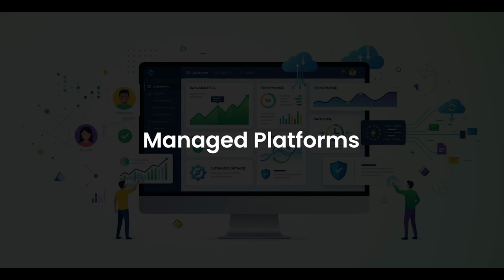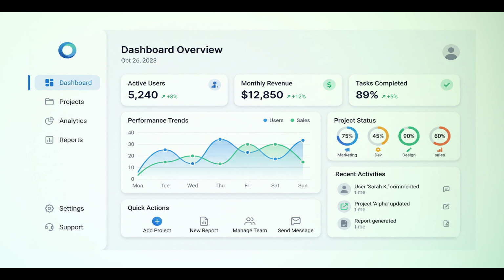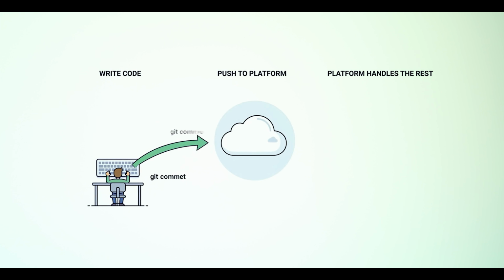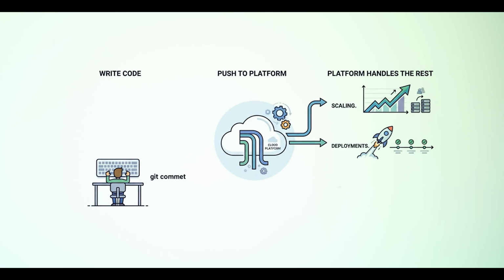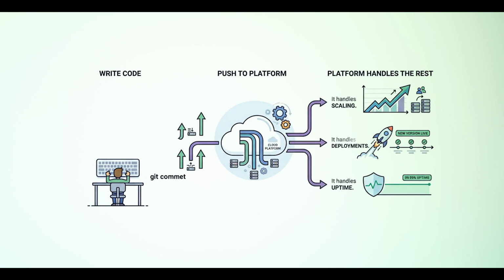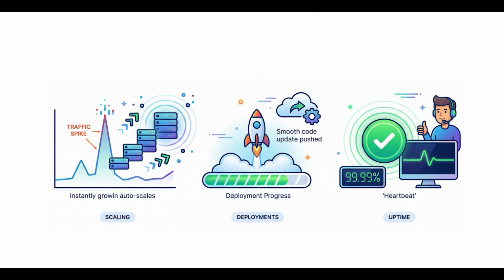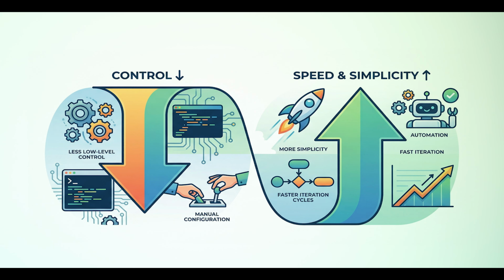Managed platforms. Now let's look at managed platforms. With managed platforms, you barely think about servers at all. You write code, you push it to the platform. It handles scaling, it handles deployments, it handles uptime. You trade some low-level control for simplicity, automation, and faster iteration cycles.